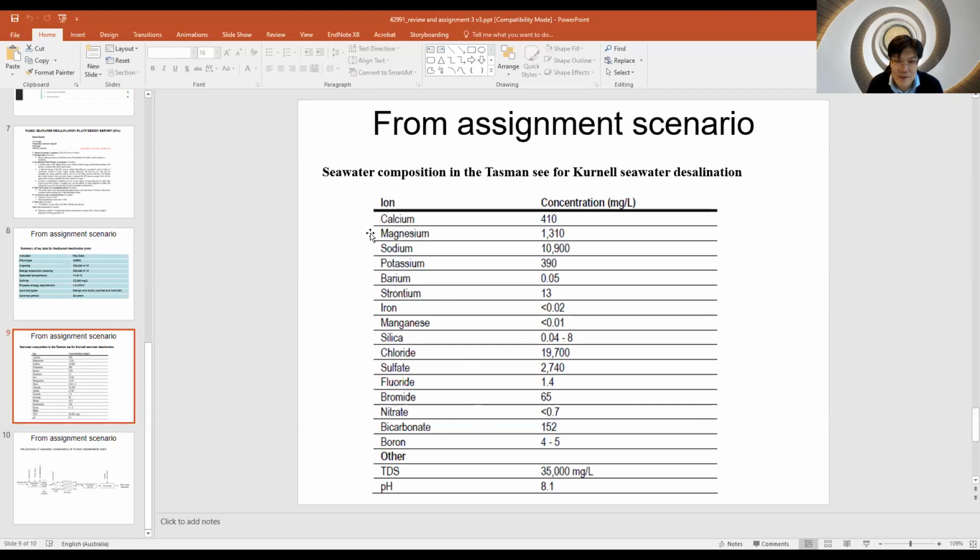So that's one of the things in your assignment you can incorporate in your recommendations and conclusions. In the future, how we can add value in a desalination plant, you can mention how we can recover useful minerals, useful metals, useful compounds, and this will create a more sustainable resource in the world. So that will be a good point.